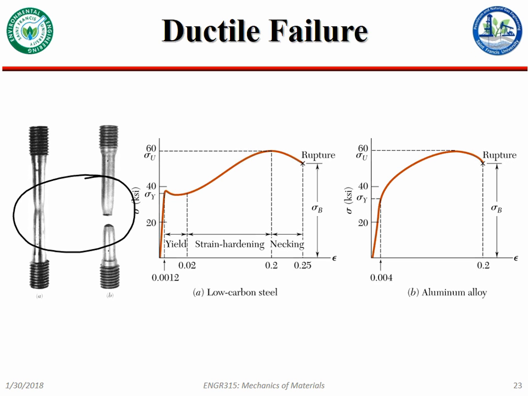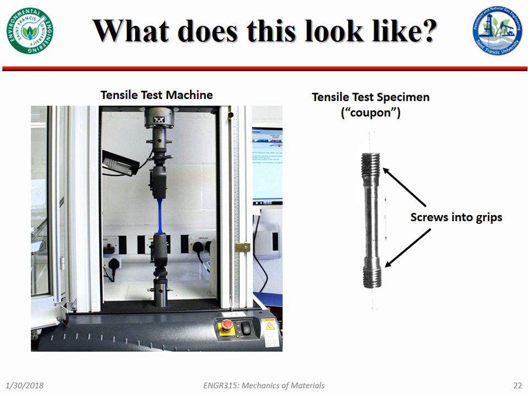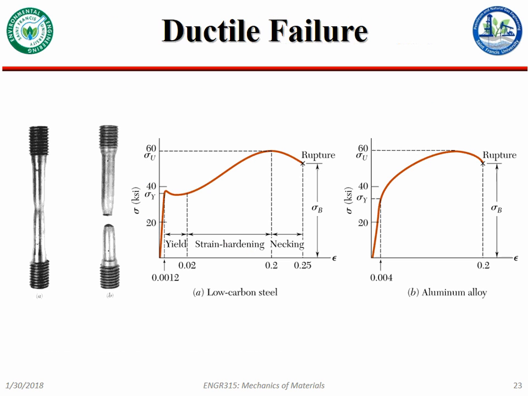So can someone describe what they're seeing in this to me? If I look back at how the specimen was and how it is there, what changed between those two? It got longer. True. Okay. So there was some form of elongation.